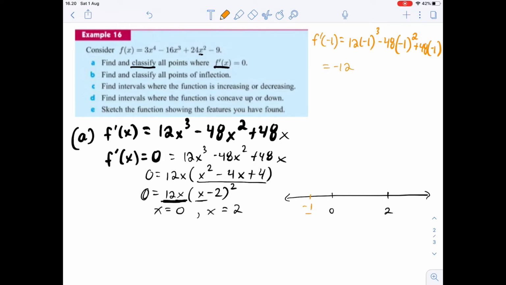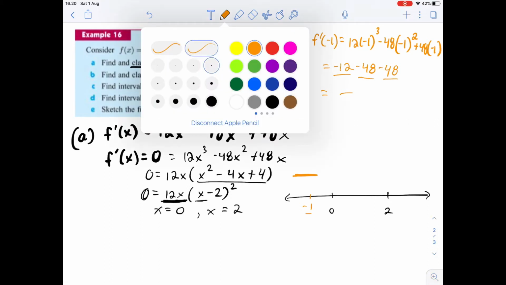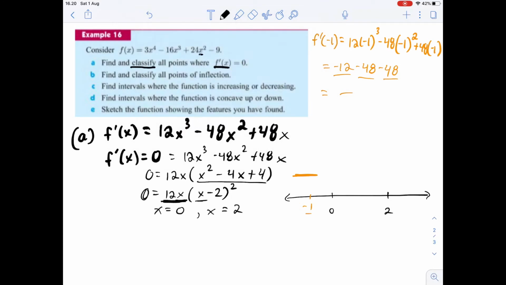This is going to give me a -12, that's a minus 48, and that's another minus 48. Three negative numbers, so I'm going to get a negative number. I don't necessarily need to know the total. I just know this is going to be negative, and that means the slope is negative. So f of x is going to be decreasing.